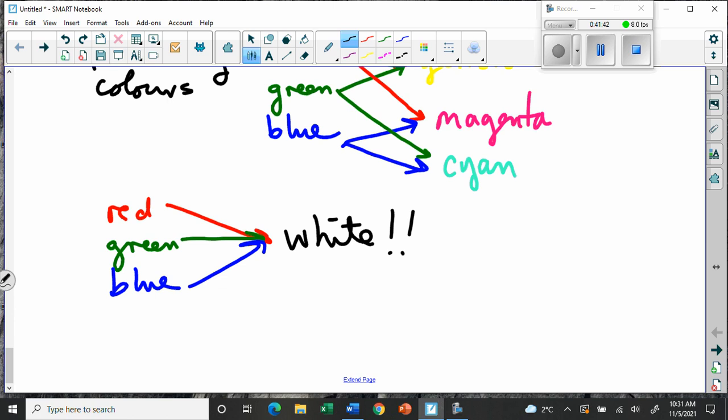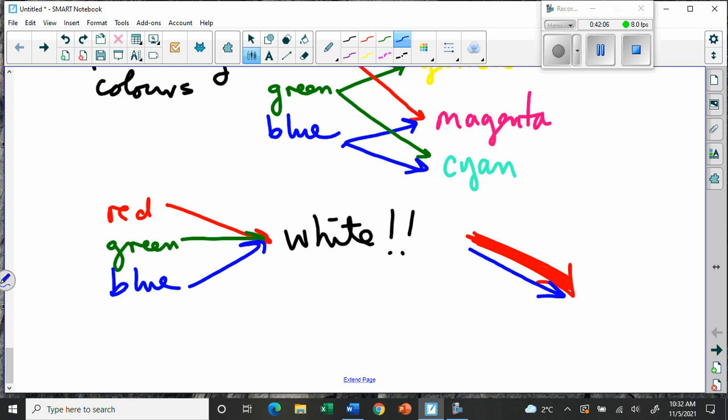But it's possible to get different shades of these colors by mixing them in different amounts. So for instance, let's take a red and blue. What happens if you get something with lots of red light and only a little bit of blue light? In other words, it's not in equal proportions.